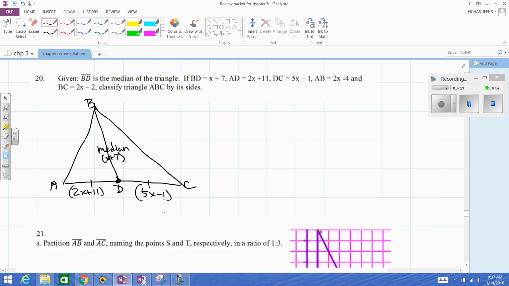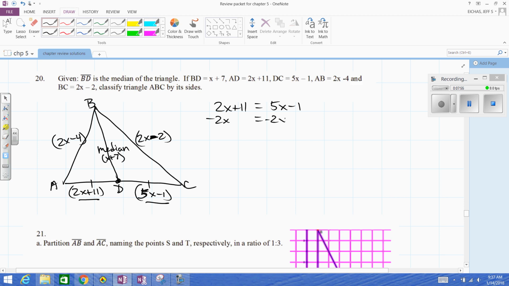Okay, looks like they want to set those equal. All right, they're giving us these other ones. They want us to classify the triangle. That makes sense. Okay, so since it's a median, basically we're supposed to set those equal. All right, so 2x plus 11 equals 5x minus 1.